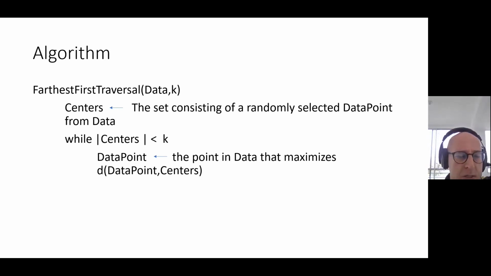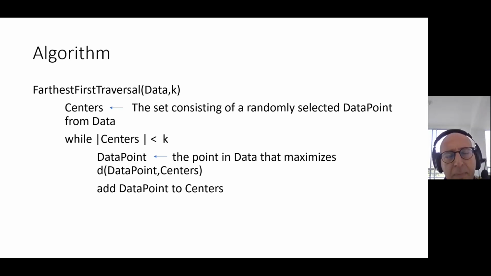Why do we want it? We want it because we wish the centers to be as far as possible from the data point. And we add this data point to centers. And now we iterate until we obtain K centers.